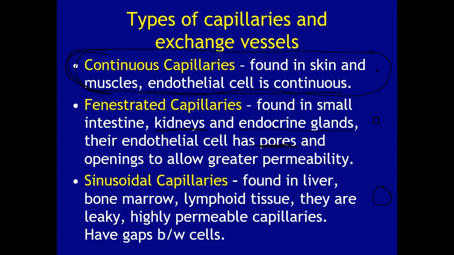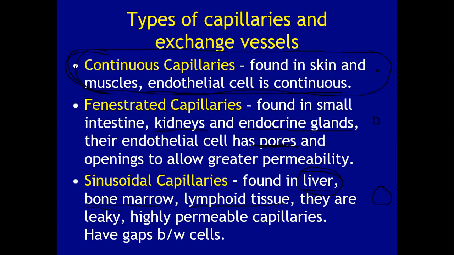With these sinusoidal capillaries with their gaps, they're found in the liver, the bone marrow, and lymphoid tissue. So let's think about what y'all learned when we talked about plasma proteins. How many of the plasma proteins were made in the liver? About 90%. So to load up those big plasma proteins, we need big gaps to get those in.